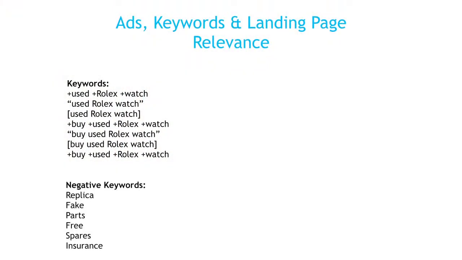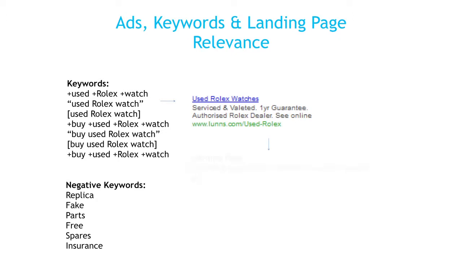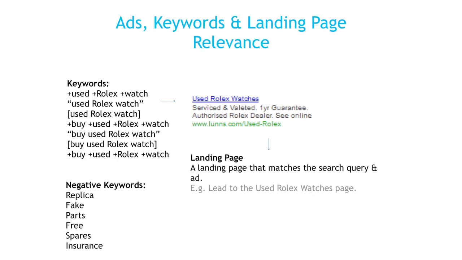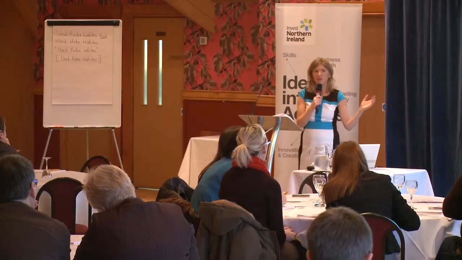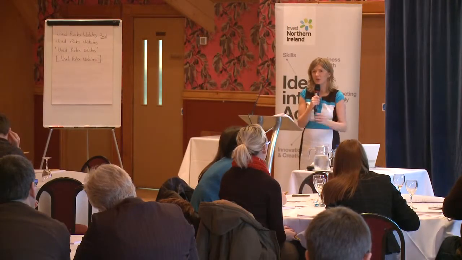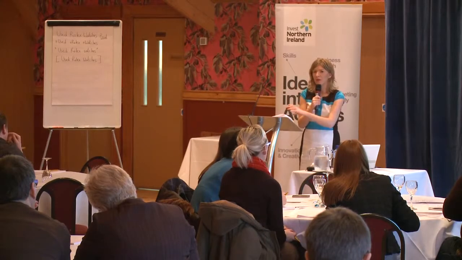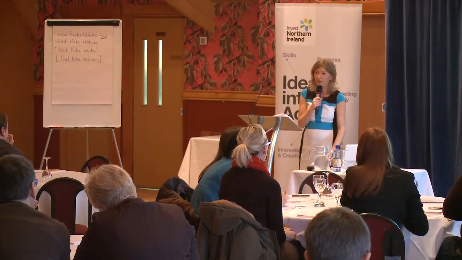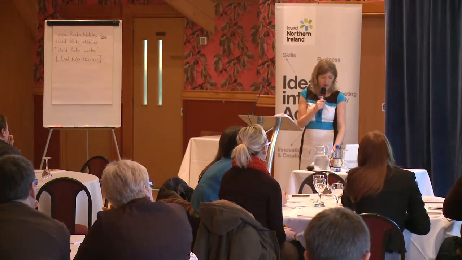Have your negative keywords, so the likes of replica or fake or parts or spares, things like that you really don't want to show on. Leading through to an ad that's closely related to your keywords, and then leading through to a landing page that's, for example, to do with used Rolex watches. Okay, so giving someone exactly what they initially searched for and letting them go through that whole path with it all being very relevant to them. Okay?